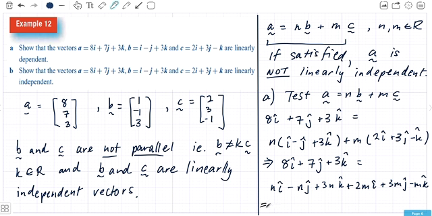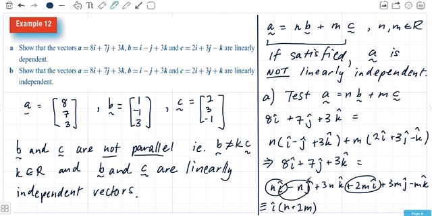I'm going to write this expression out again, but just factorise. I'm combining all the i's together, so n plus 2m.